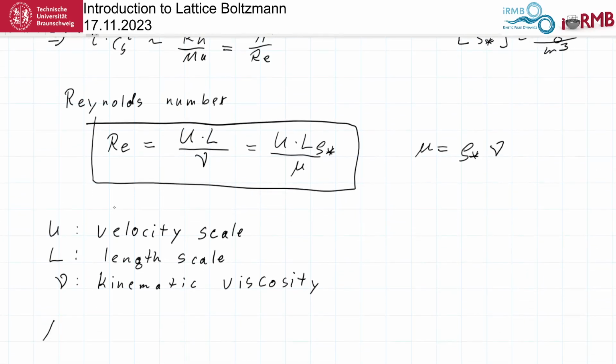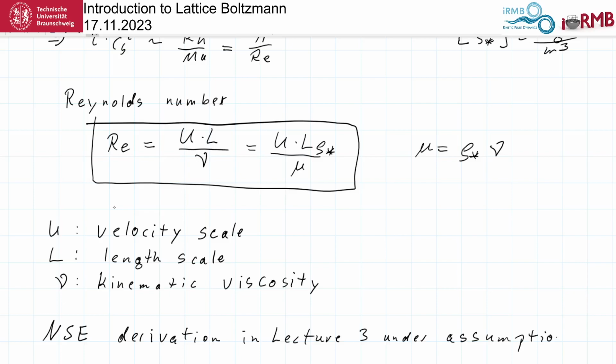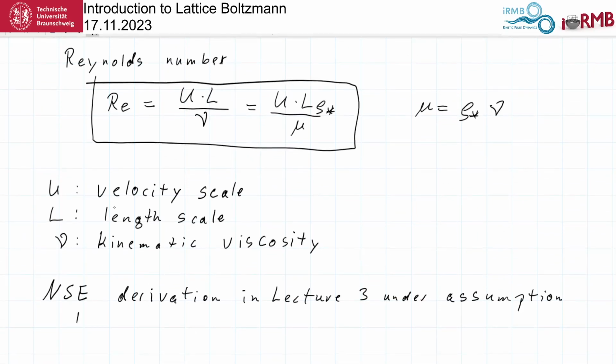And of course, as a reminder, the derivation that we had last week in lecture 3 was under a certain assumption. It sounds a little bit crazy: the Knudsen number must be larger than 0, otherwise we end up with the Euler equation.